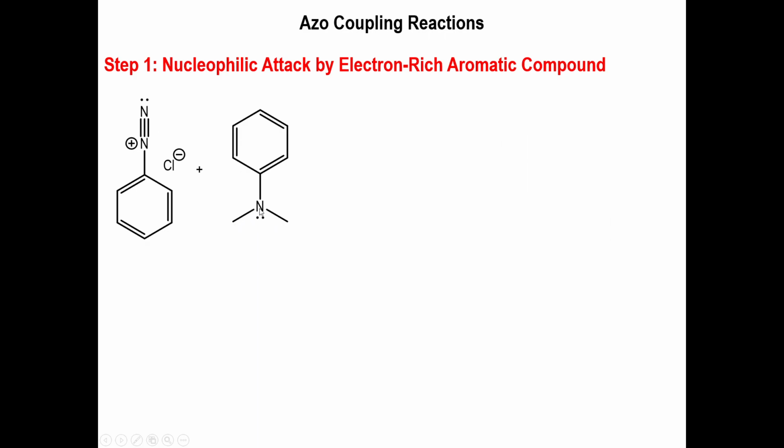As long as it's a good electron donating group on this aromatic ring, something very interesting happens. You don't have your typical substitution at the carbon where the N2 fragment is positioned.